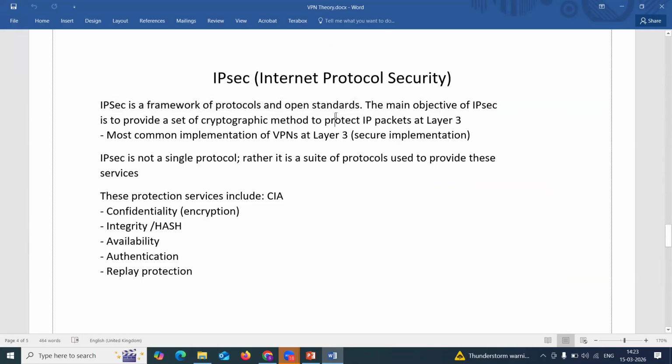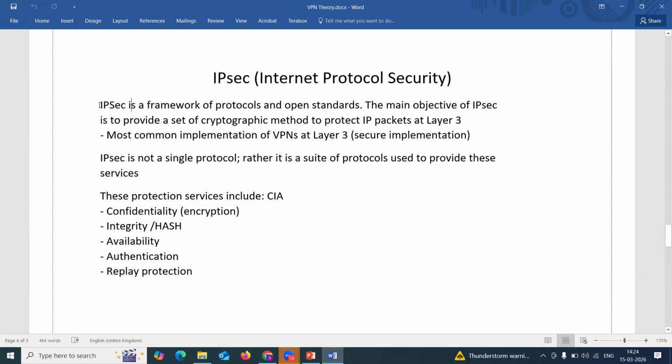Every point is necessary to include. Framework of protocols means it's not a single protocol, rather it's a suite, a collection of protocols.